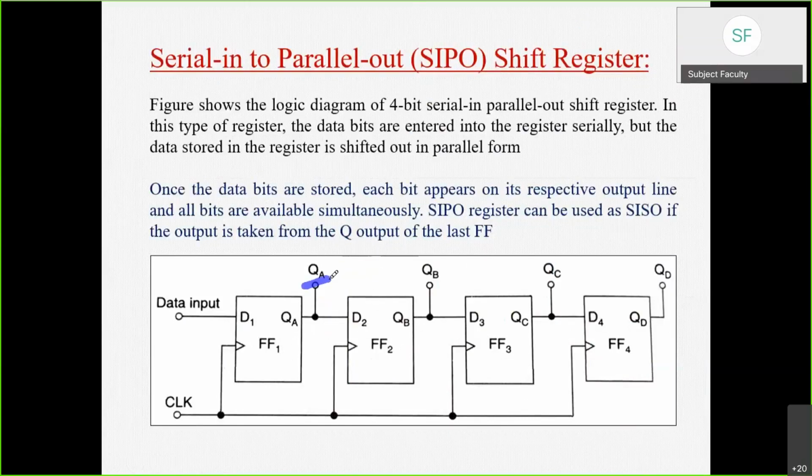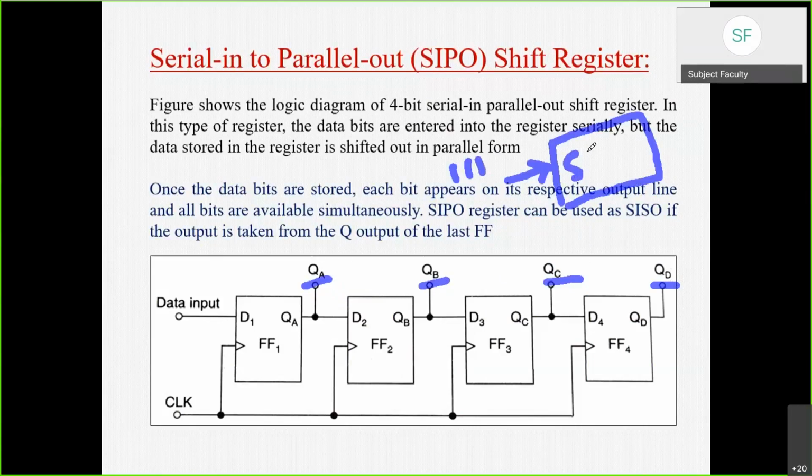That means QA, QB, QC, and like that. Now suppose this is your SIPO shift register. Input will be a single terminal only, and data bits which you are transmitting will go into the shift register serially because it is serial in.